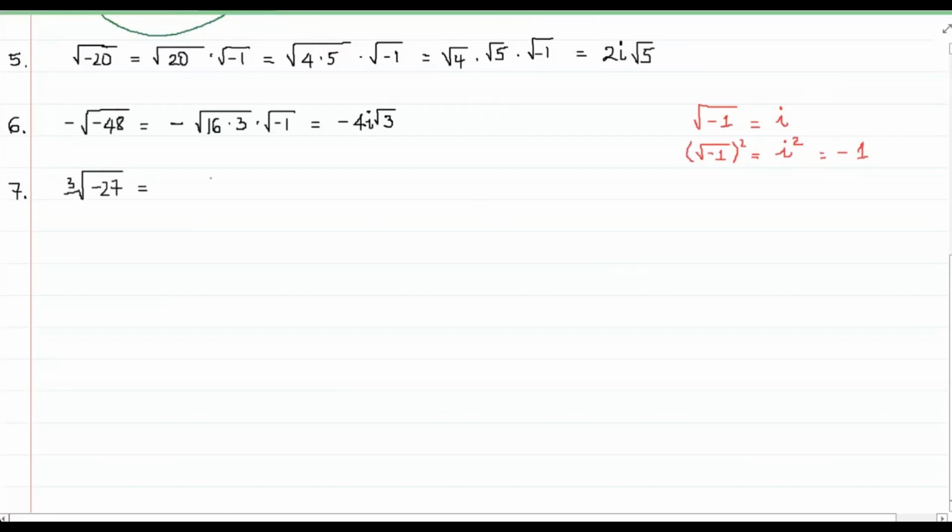So we have to think about -27: what number, when you cube it, gives a negative number, right? 27 we figured out is 3 cubed. 3 times 3 is 9, times 3 is 27. And don't forget this one is a cube. So this equals -3.